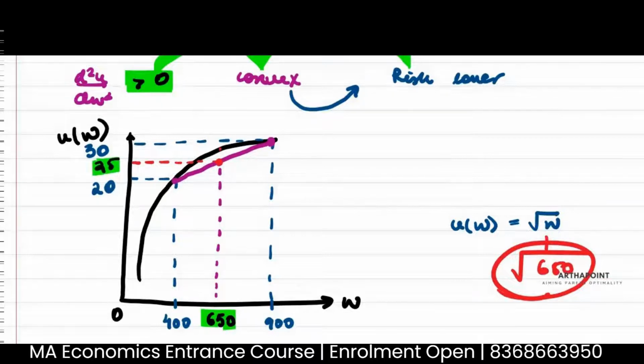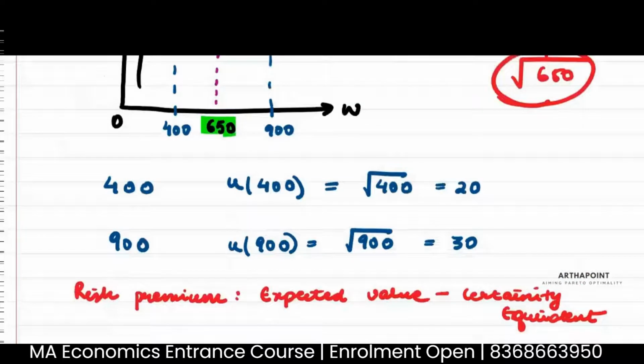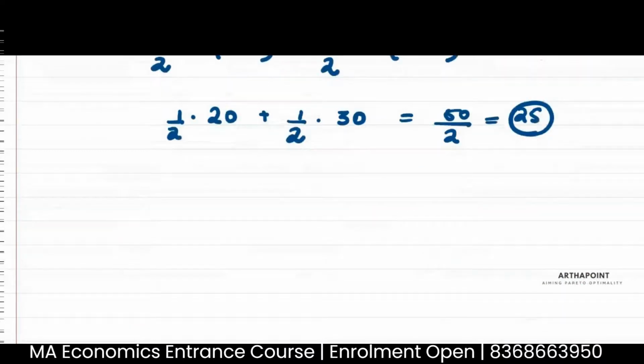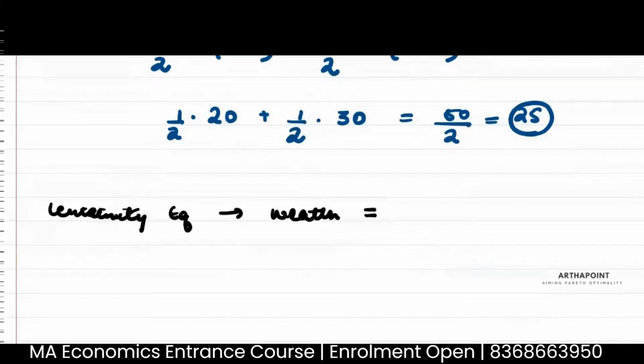Now, the question is, what is certainty equivalent? So we know that certainty equivalent tells me that there must have existed some wealth that would have given you the same as expected utility, but with certainty.